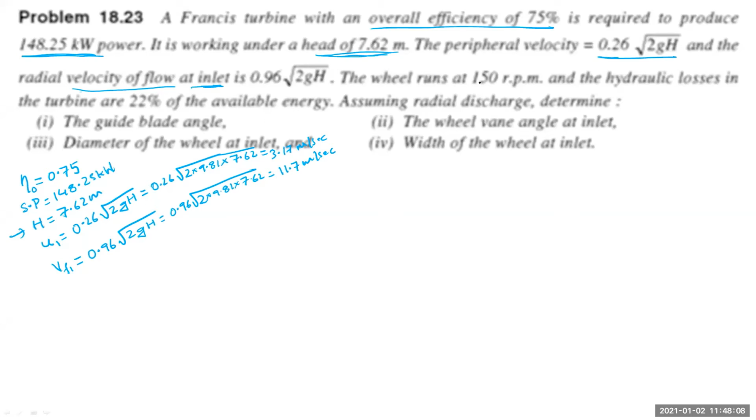The wheel runs at 150 RPM, means here N is given. Whenever N is coming, so let's write. We will see what it is asking, because we have already calculated this U. You have U, you have N. So from here you can calculate diameter. So we will write here 150 RPM, revolution per minute, and the hydraulic loss in the turbine is 22% of the available energy.